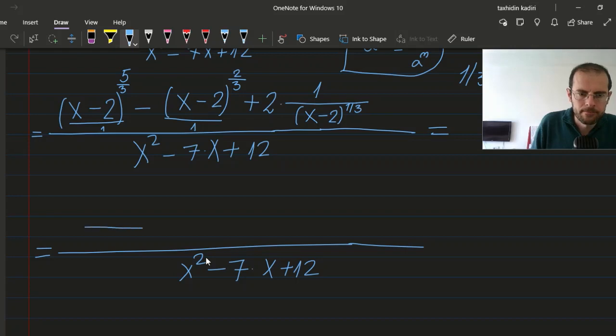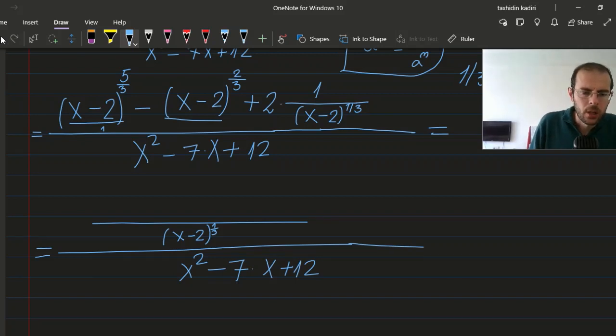Now we can write (x minus 2) to the power 1, or we can write this to make more space. (x minus 2), this is all to the power 1/3.